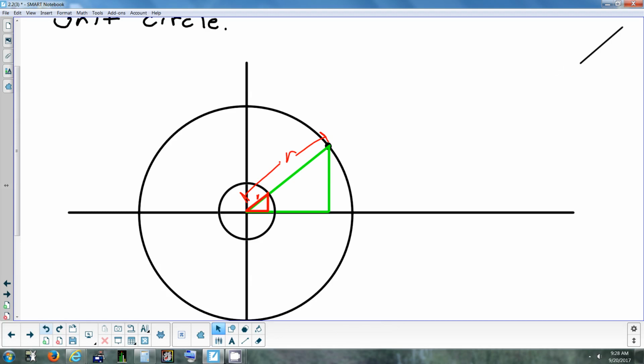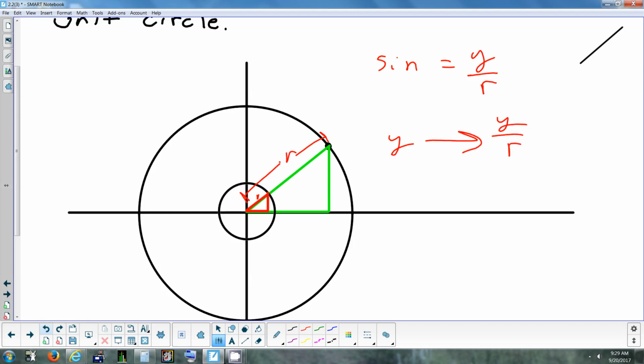If you ever have to do a problem and you have a triangle that's too big, you can't use this for sine anymore, because that assumes that you were using the red triangle, where the hypotenuse was always 1. But what you can do is divide it by r. You basically divide everything by r. So in your formulas, everywhere you had a y, instead of using y, use y over r.